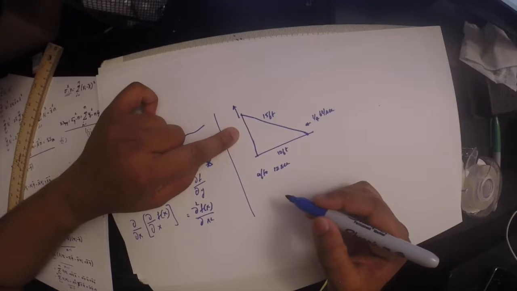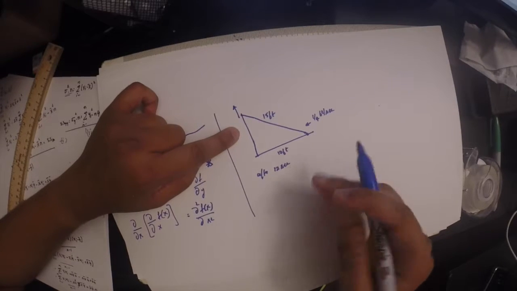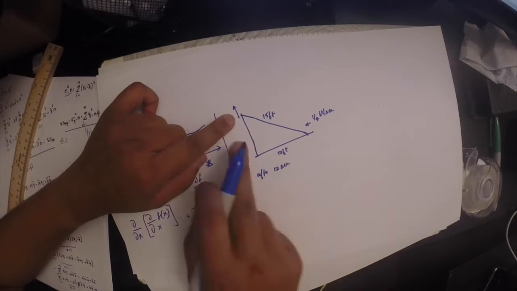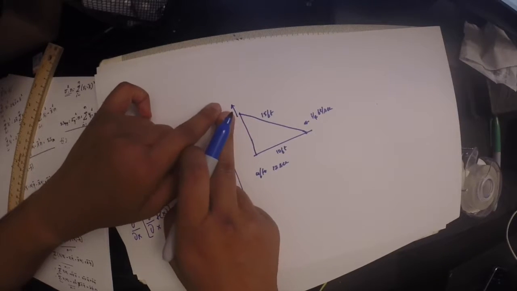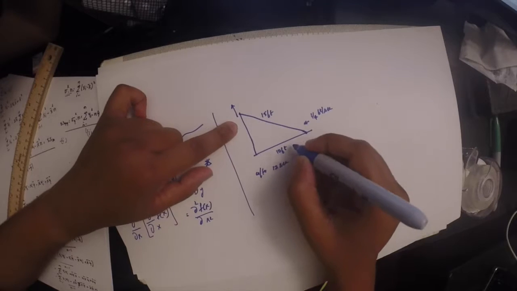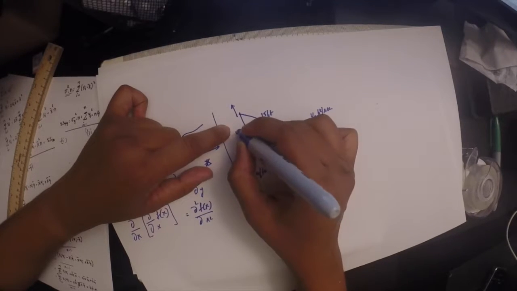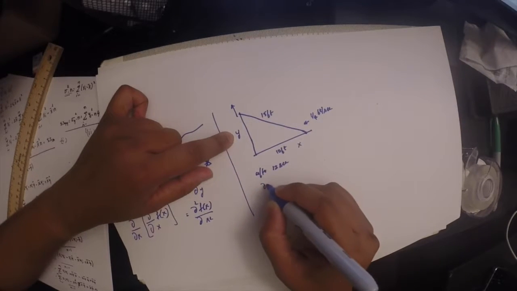So what we're trying to find here is a change, or at what rate this tip is moving with respect to time. If I represent this as x and y, what we're trying to find is dy by dt.